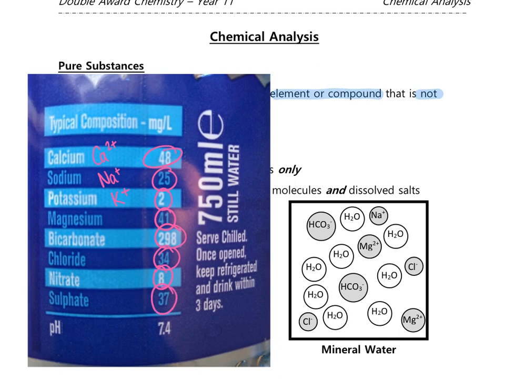So you can see all of these ions are mixed in with the water. They're all dissolved in the water, which means they're mixed amongst the water molecules as well. And so therefore, this mineral water that we buy in the shop is not pure water because it has other ions dissolved in it, or other elements or other compounds. It doesn't matter.